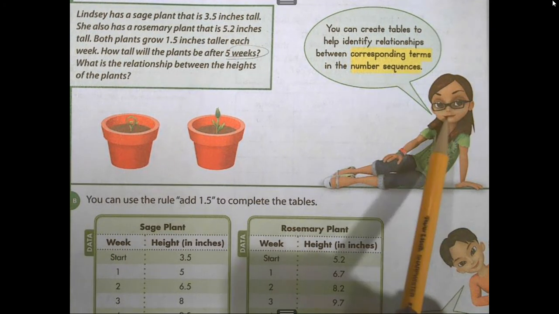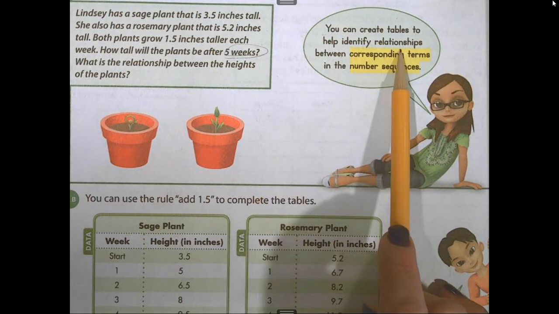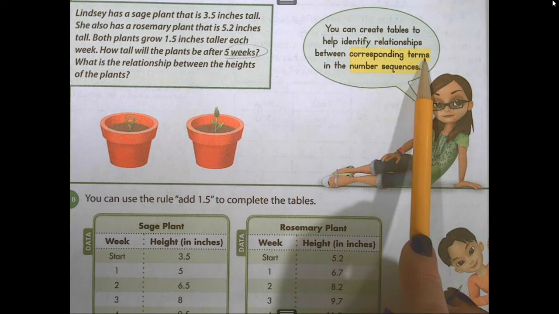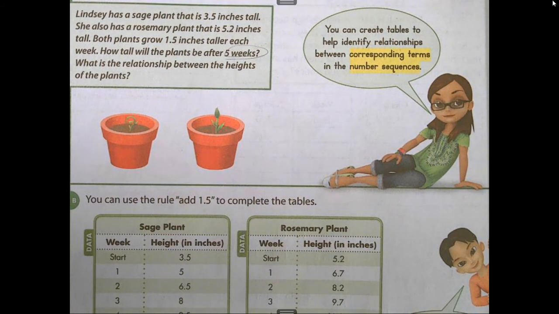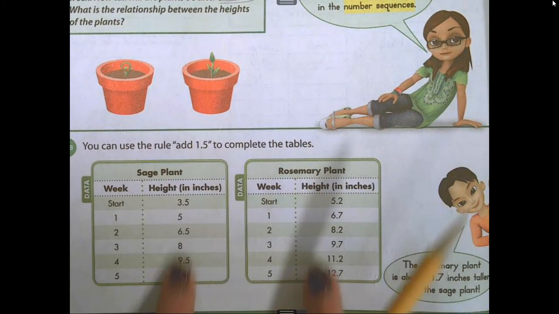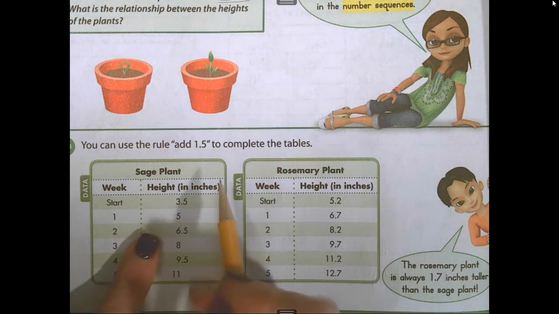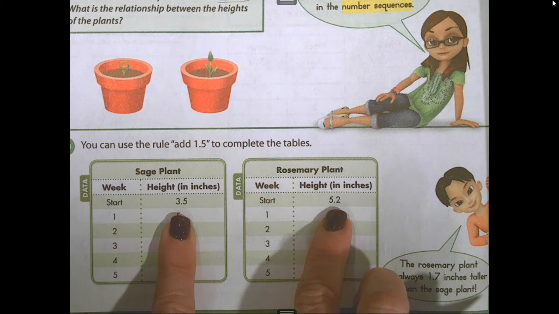So the little fifth grade helper reminds us that you can create tables to help identify relationships between corresponding terms in the number sequences. So there's some vocabulary. We're going to touch on that. So the number sequences are what we have going on in the tables. All right. We've got the start that they gave us, 3 5/10 inches for the sage and 5 2/10 inches for the rosemary.